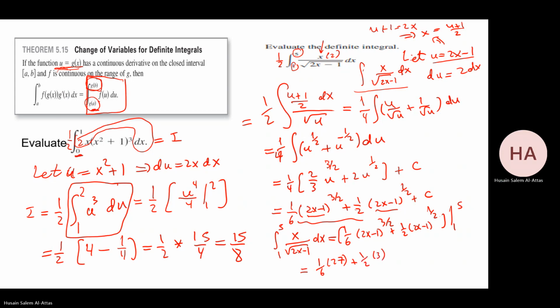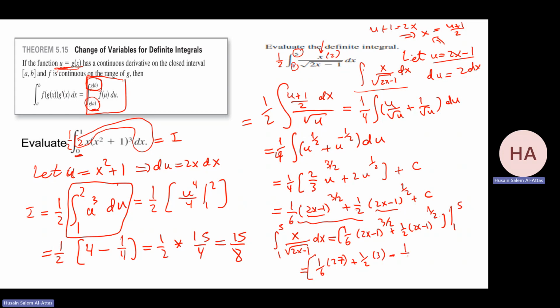Square root of 9, let's give square root of 9. Okay, 27 over 6. And then we have what? This is half times 3 minus, when you put the 1, that will be 1.